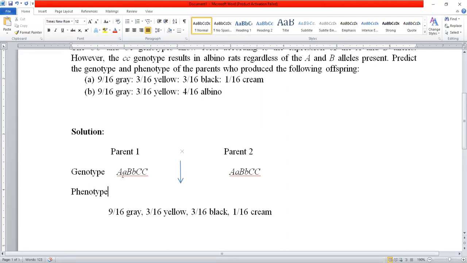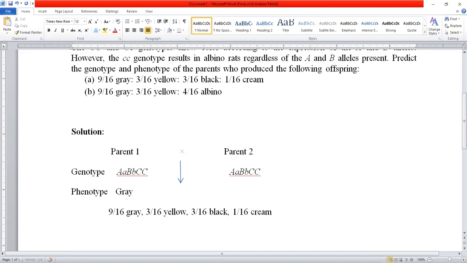So capital A, capital B, small b, in the presence of capital C, the phenotype would be gray, on the basis of the given data. So parent 1 is with gray coat color.